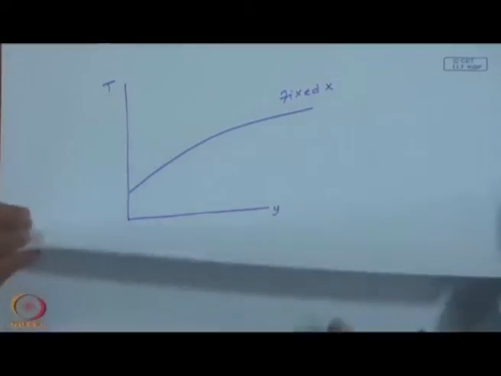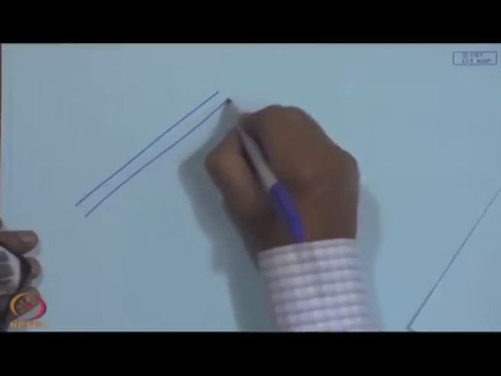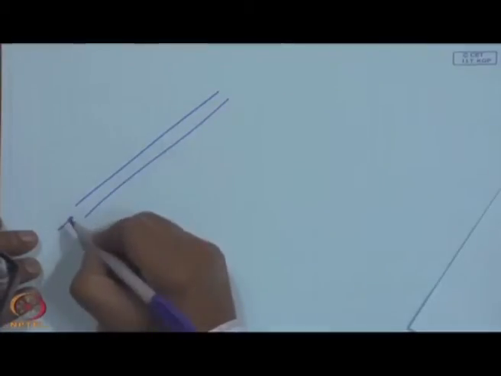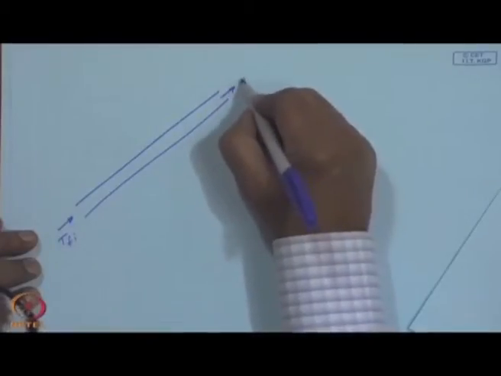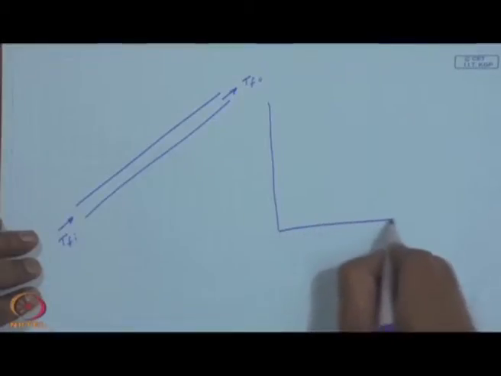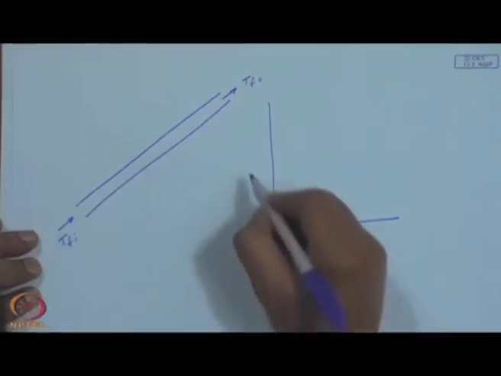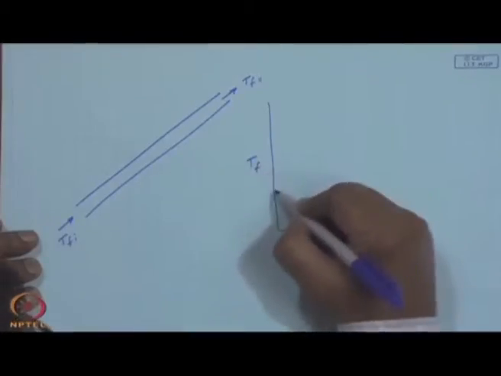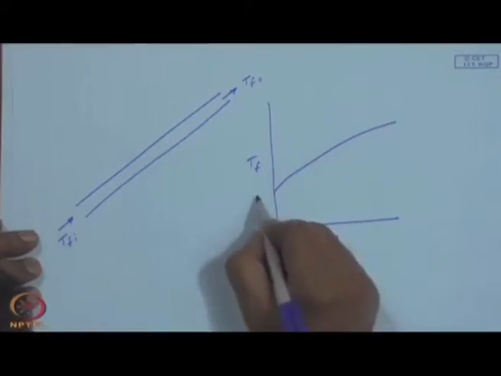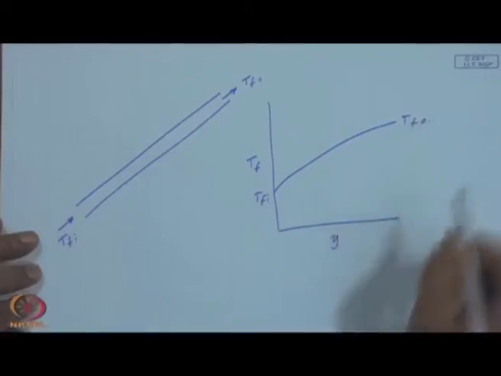So, to give you an idea, if this is one tube where the fluid is entering with T F I and it will be leaving at T F O, if I plot in the tube region, it will start at T F I and exit at T F O.